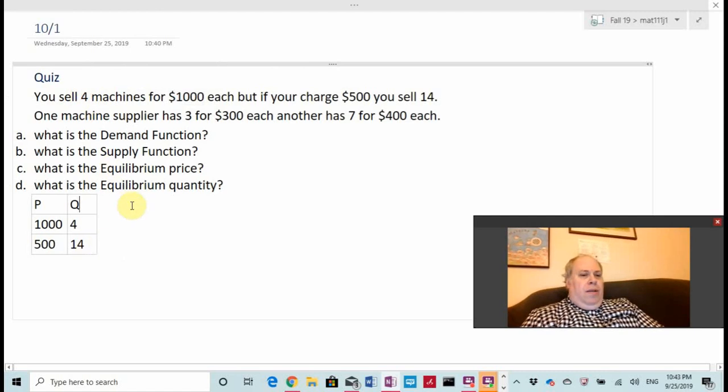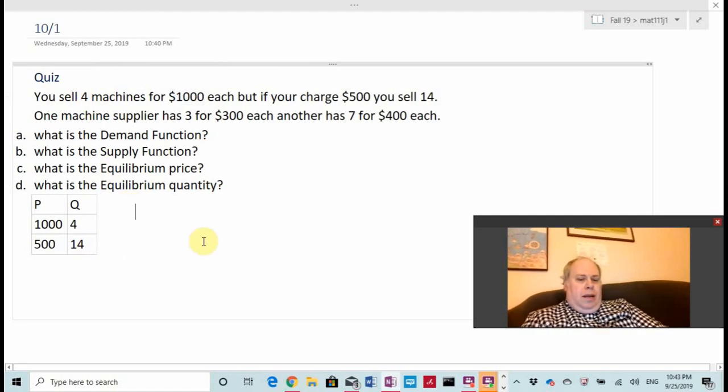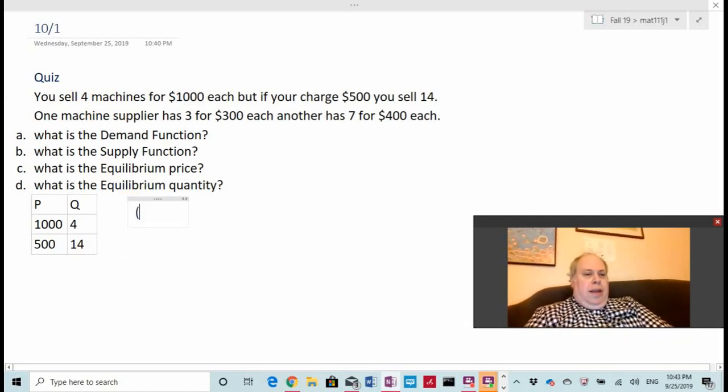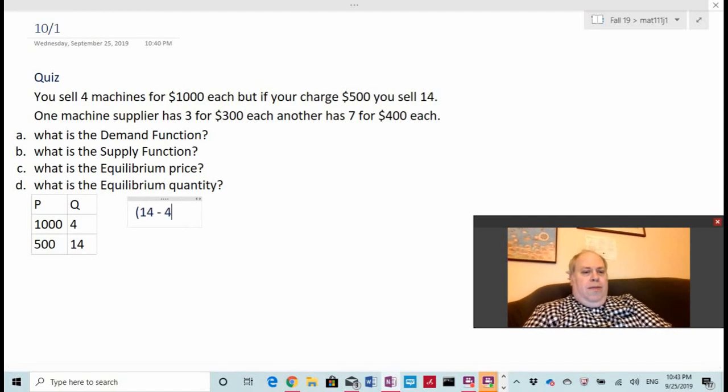Now, we'll do our standard linear math. 14 minus 4, the difference in quantity, divided by 500 minus 1,000, the difference in price, is negative 0.02.